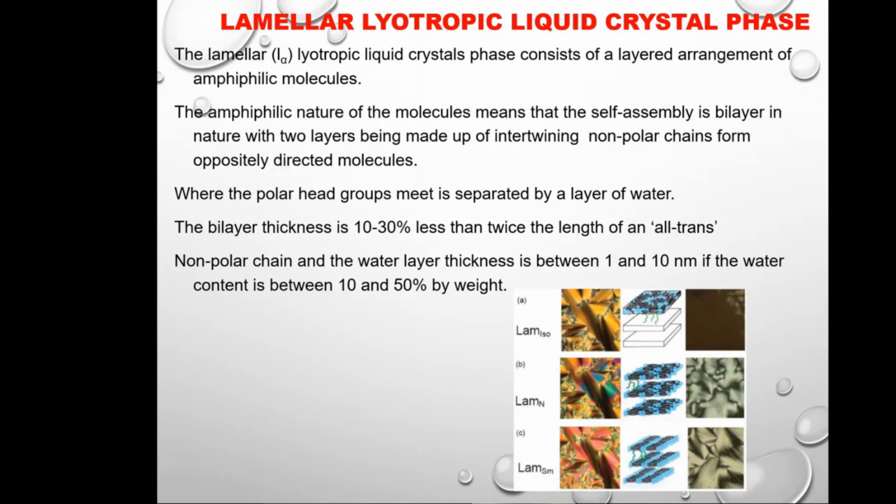But as I told you already, although we call them, for example, lamellar phases, we still can distinguish various organizations of the molecules in these layers and in between them.